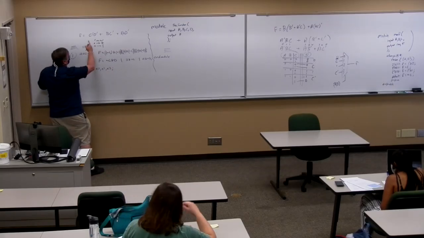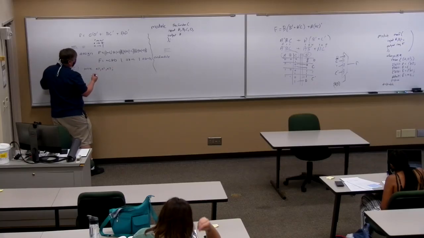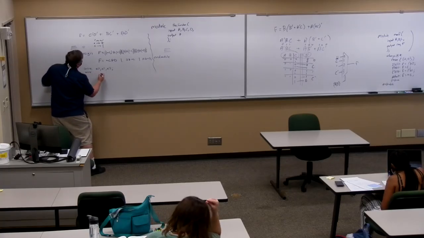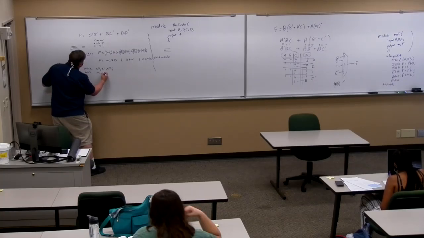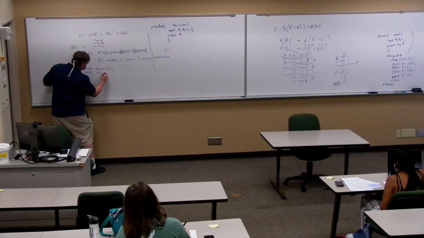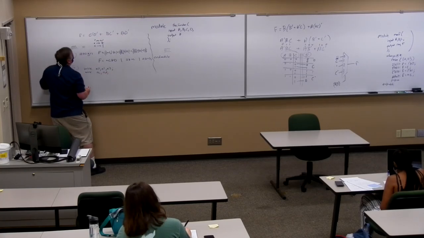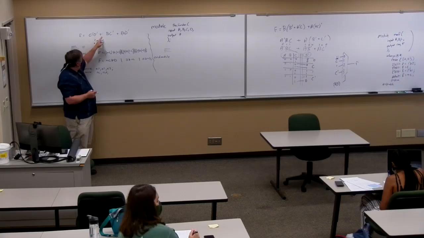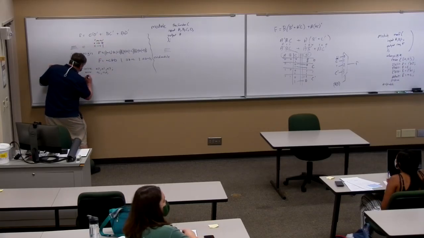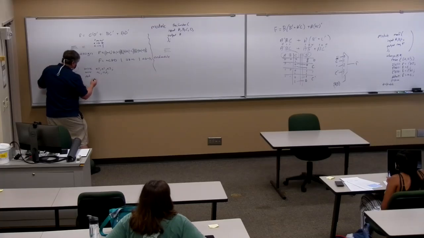Okay. First I also need some NOT gates, because I have to have the outputs of these. Let's see. I need NOT C and NOT D. Looks like that's all I need, because I need the output of these NOTs. All right. First, I'm going to build my NOT gates.